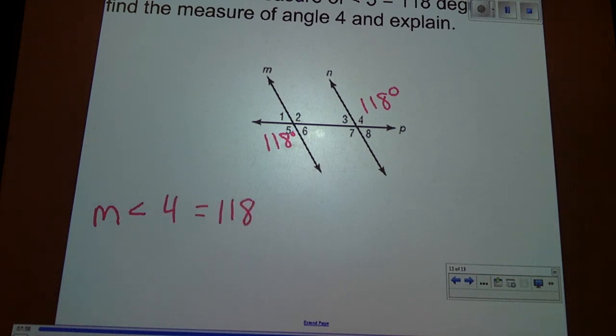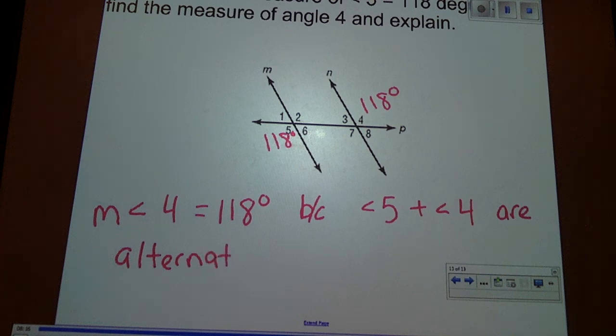So the measure of angle 4 is also 118 degrees since angles 4 and 5 are alternate exterior angles. Again, make sure you're writing as I'm writing on the board.